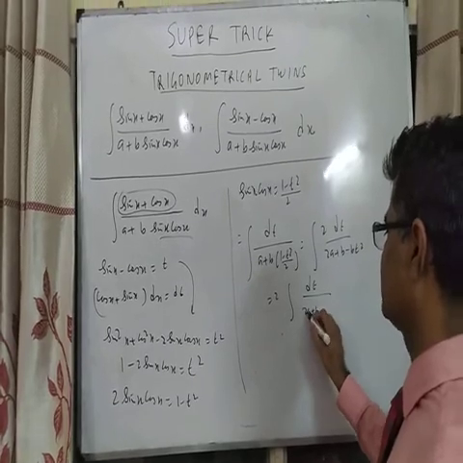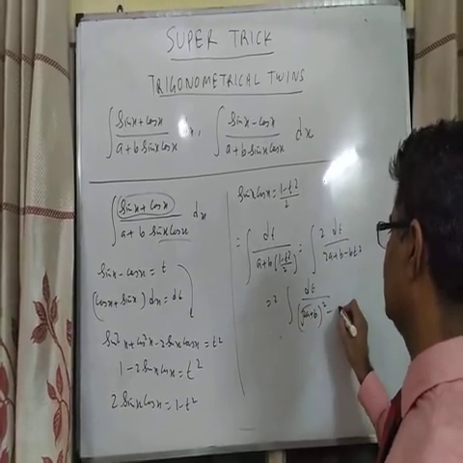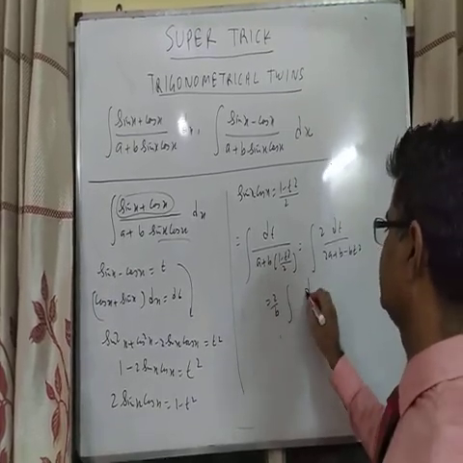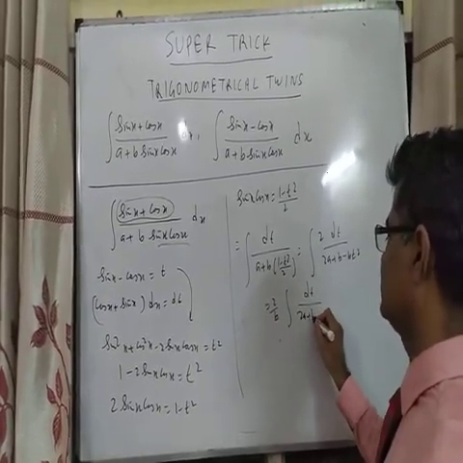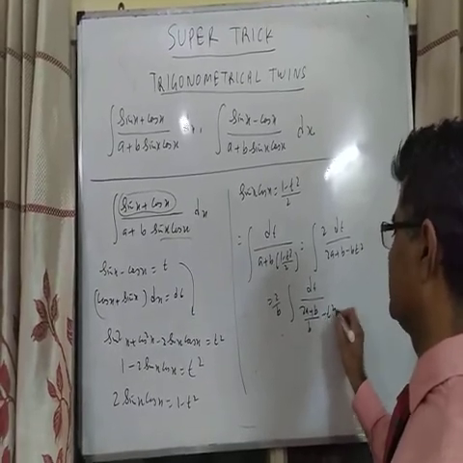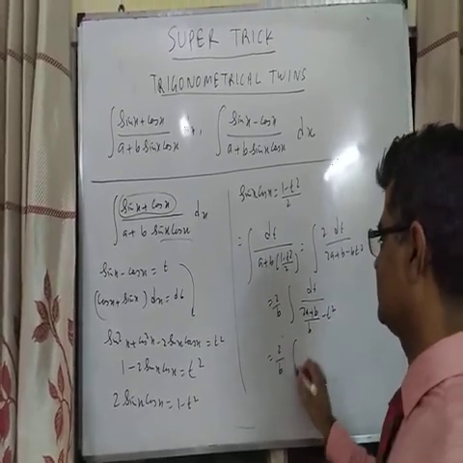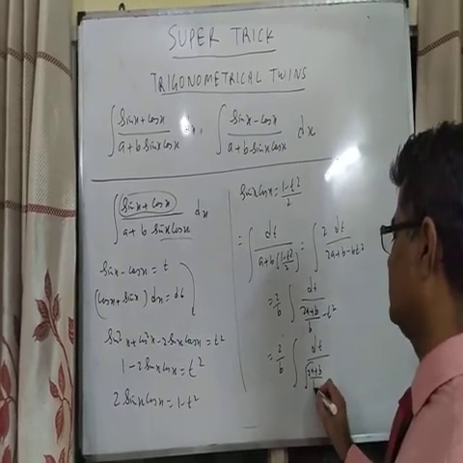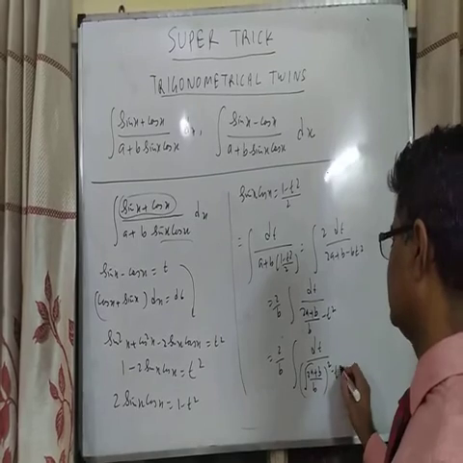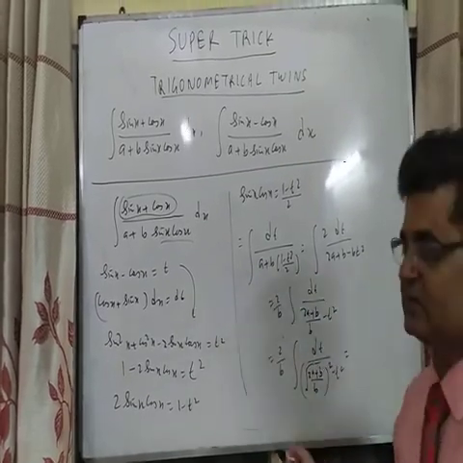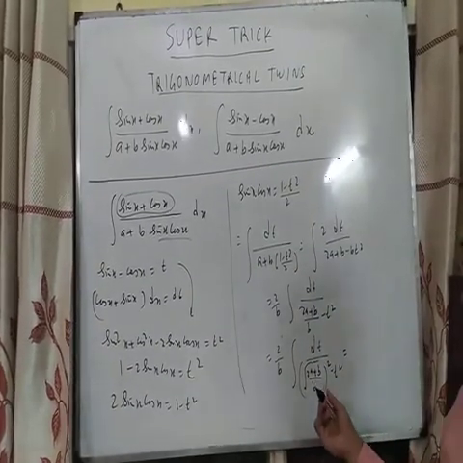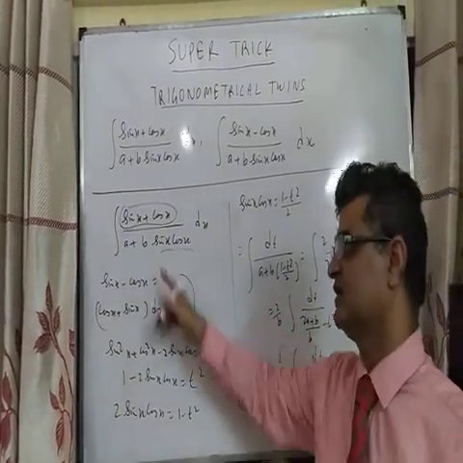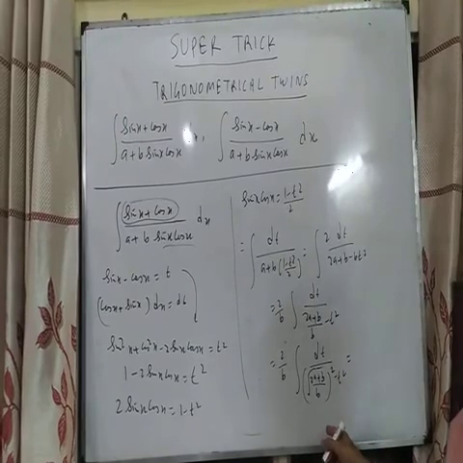Taking b outside, we get 2a plus b upon b minus t square, so twice of dt upon b times the square root of 2a plus b upon b whole square minus t square. So this can be solved very easily. We can use the formula to solve it. So now you have seen how we are going to convert this kind of question to the solvable form.